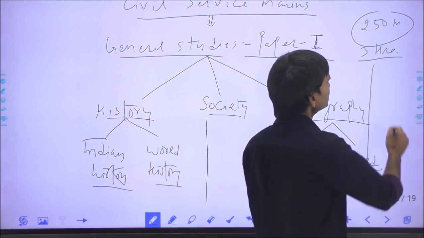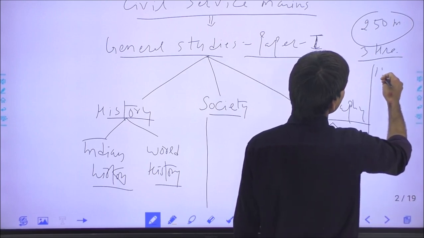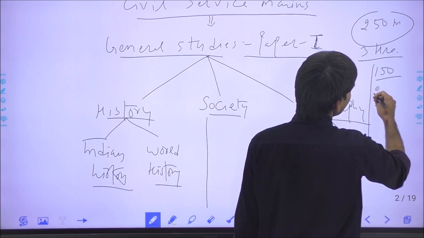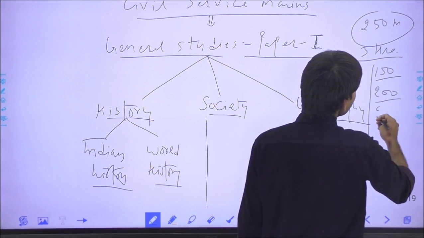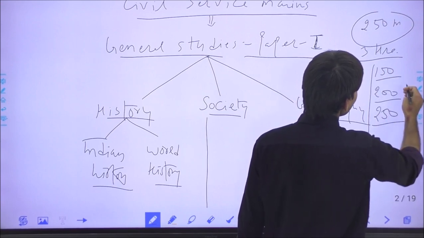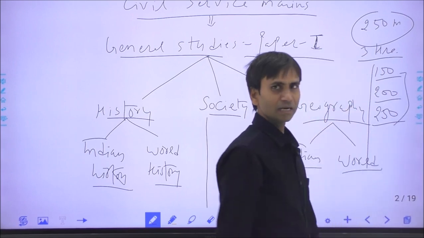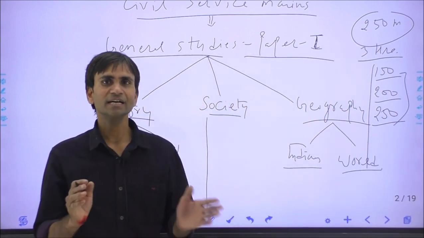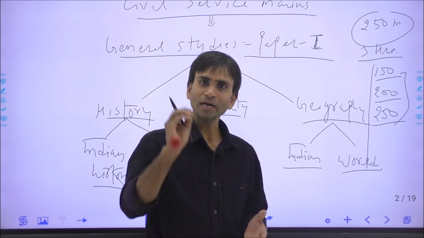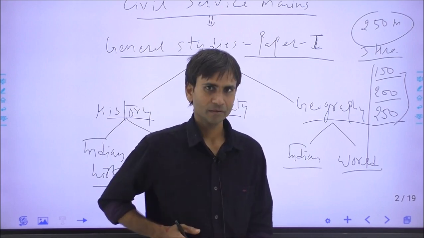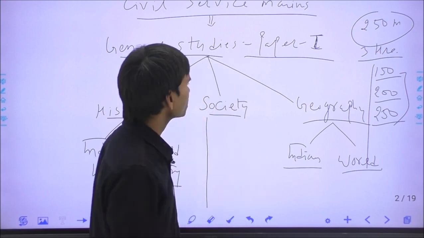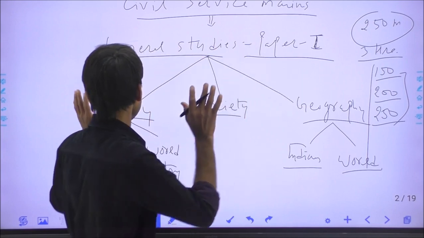Mainly you have to answer most of the question in 150 words, 200 words or the 250 words, and number of questions, this is generally fixed. There are 20 questions in a paper. So this is the general information about the general studies paper 1.